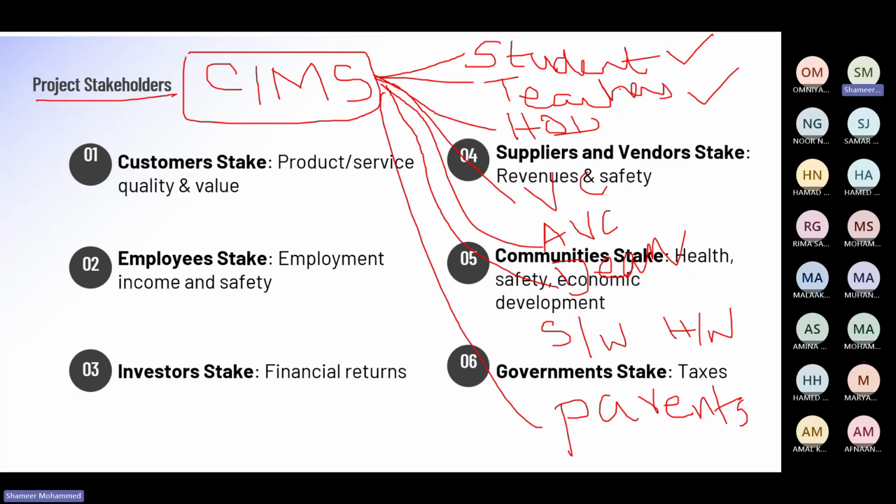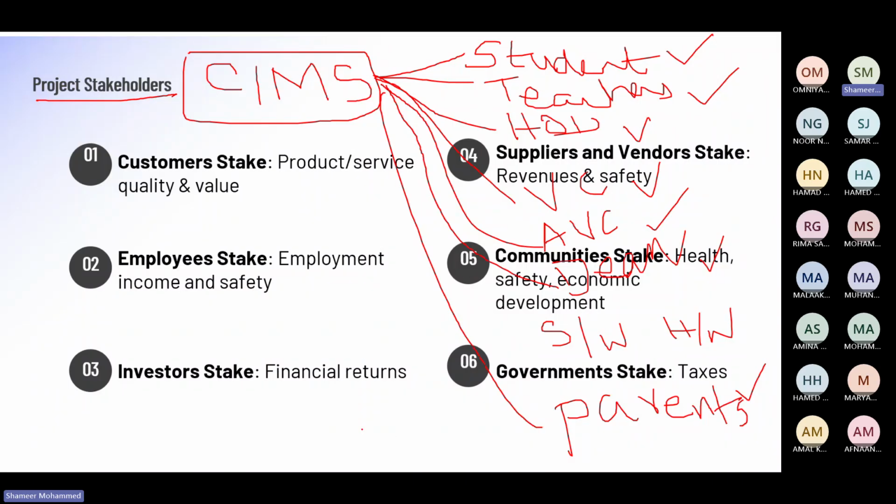So who are these: teachers, students, HOD, VC, and so on? They are all stakeholders. Stakeholder means a person or the people who are affected by the project or they are taking part in the project.